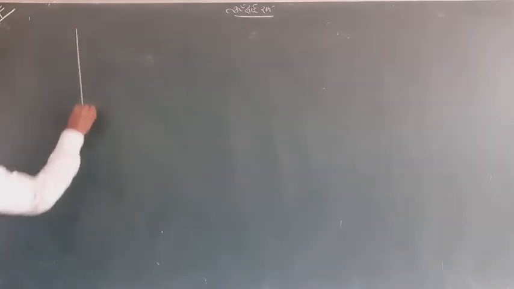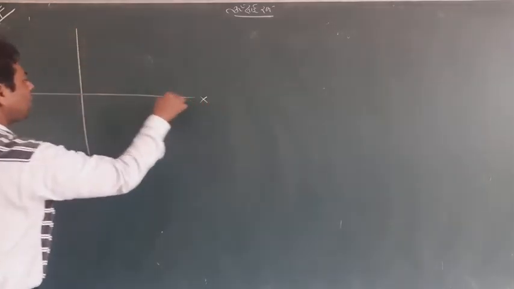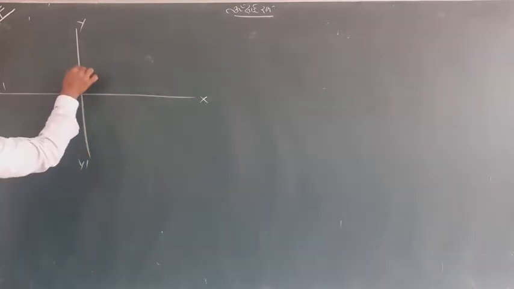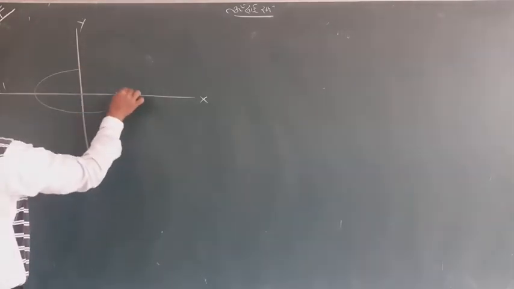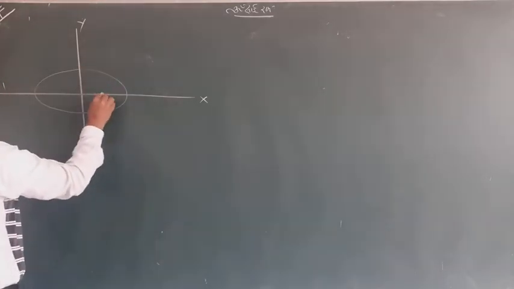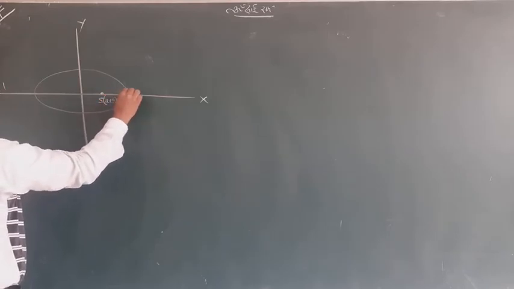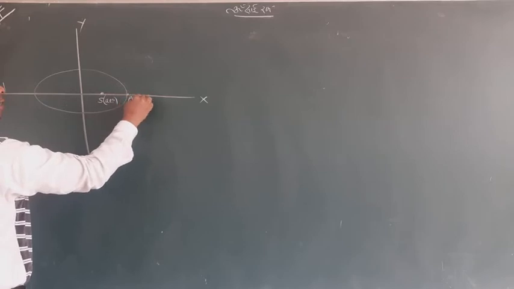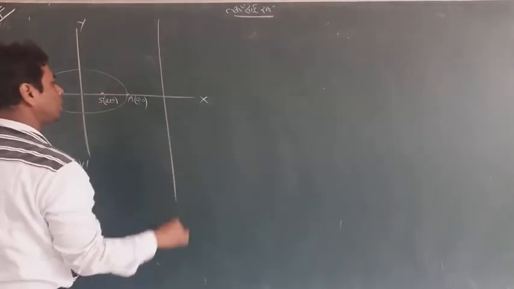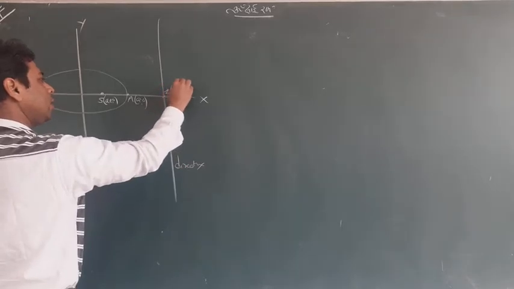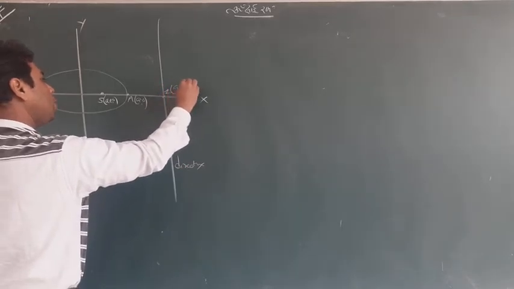Now look. I am making a line picture. X, Y, X dash, Y dash. This is my ellipse. This is focus ae, comma 0. This is a vertex a, comma 0, and this is my directrix Z, a upon e, comma 0.